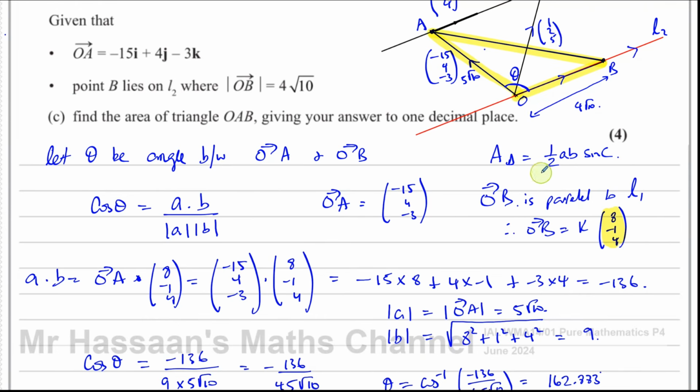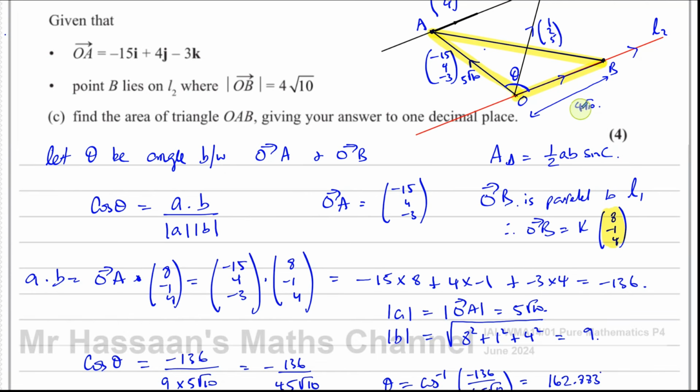So I'm not going to use the magnitude of 9 here, because that was just for finding the angle. Because we used this vector in the dot product, we had to use its magnitude to find the angle. But we need to find the area of this triangle. So I've got this angle now.